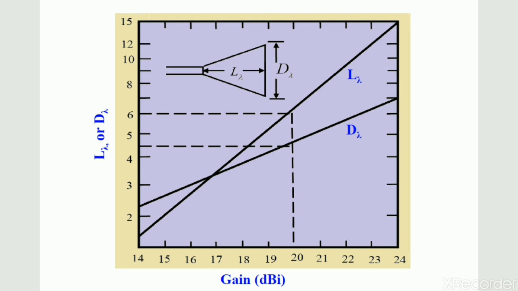The second line shows the relation between gain and the diameter of the aperture. We can see that as the diameter of aperture increases, the gain is also increasing. In this case, the gain mostly depends upon the diameter of the aperture as compared to the axial length of the conical horn.